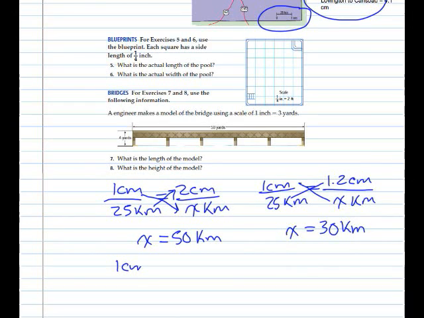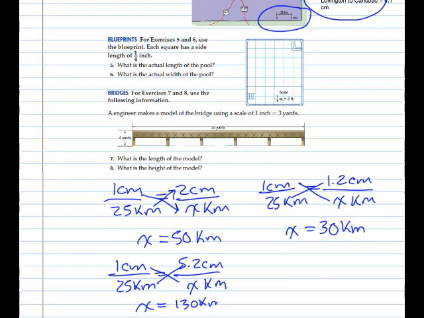Example number 3, Artesia to Eunice. Again, 1 centimeter to 25 kilometers. We have 5.2 centimeters here to x kilometers. Cross products, x equals 5.2 times 25, which actually gives us 130 kilometers.